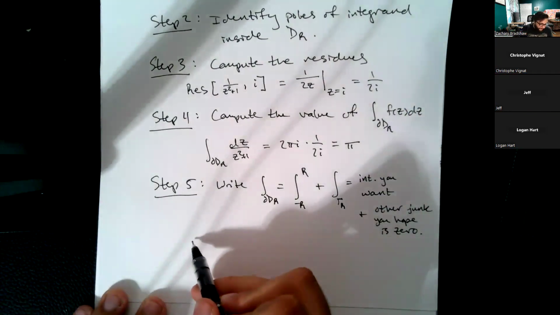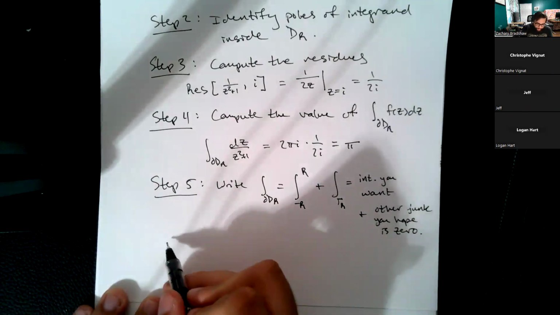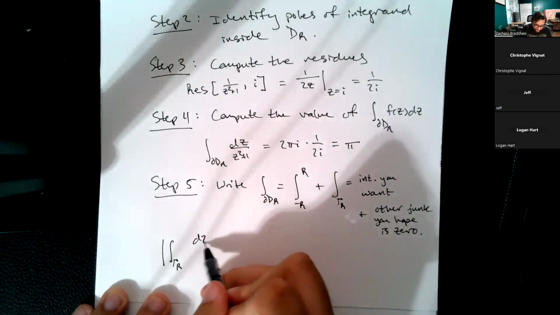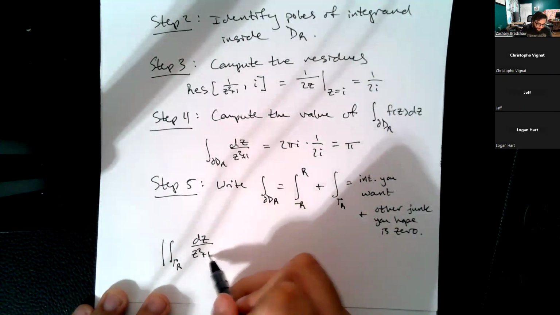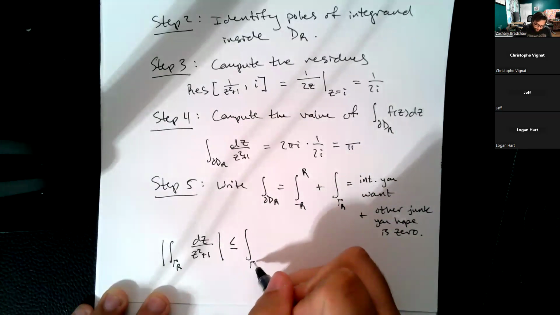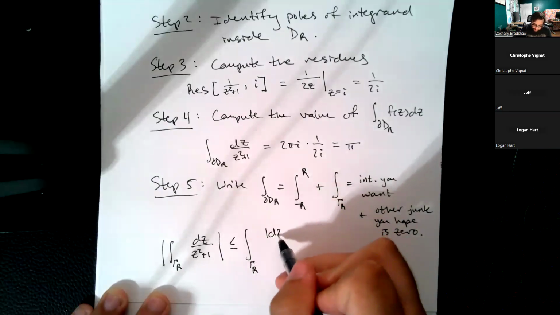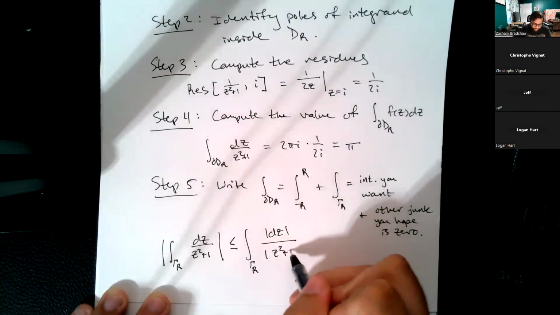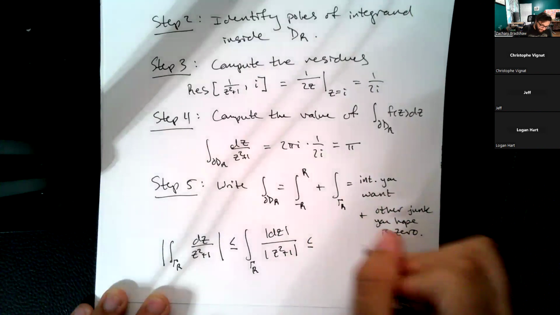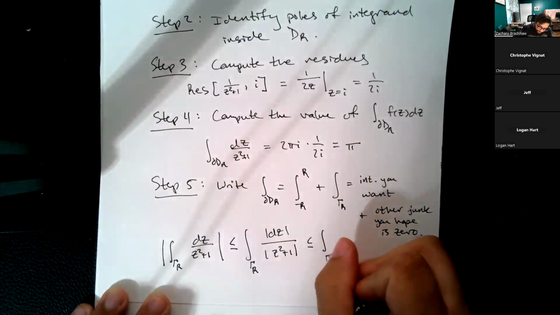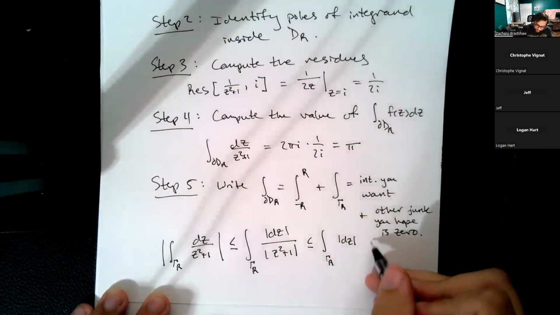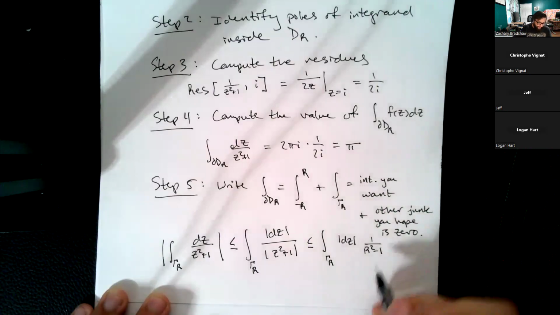Okay, so how do we do that? Well, the other junk in this case is the integral along gamma r of dz over z squared plus 1. And we can bound this by the integral over gamma r of modulus of dz over modulus of z squared plus 1, which is less than or equal to the integral along gamma r of the modulus of dz times 1 over r squared minus 1.